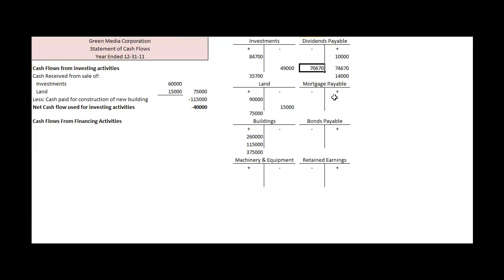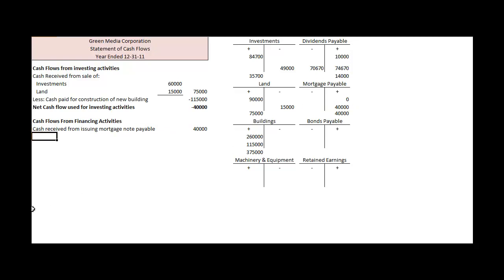We started the year with zero debt and ended the year with $40,000, and we were told the only thing that happened was an increase. So that's an inflow. If I go to the bank, they give me cash, I'm taking cash in. So I'm going to say right here, cash received from issuing mortgage note payable. So I have a cash inflow of $40,000.